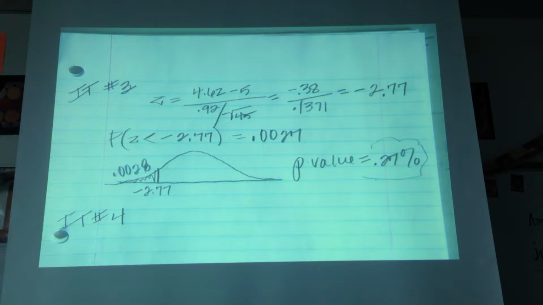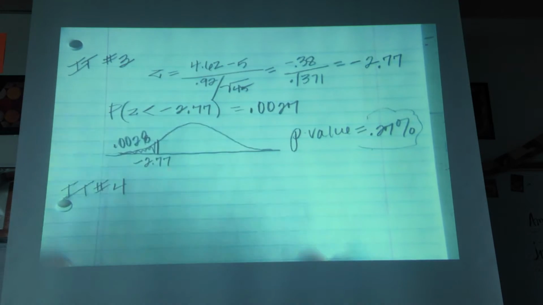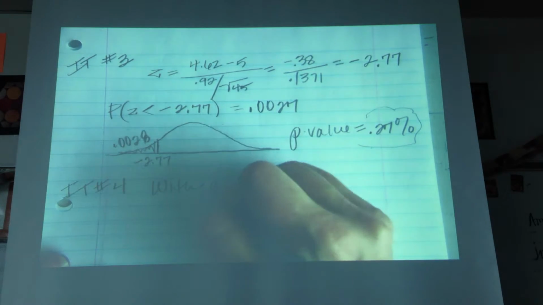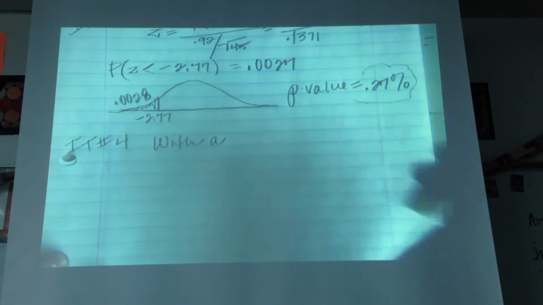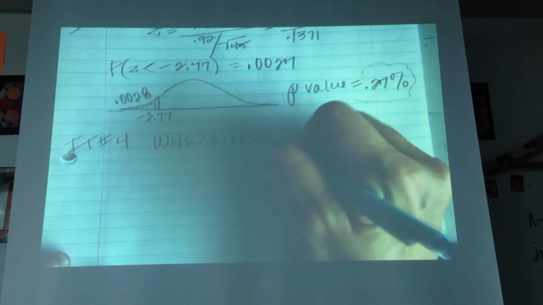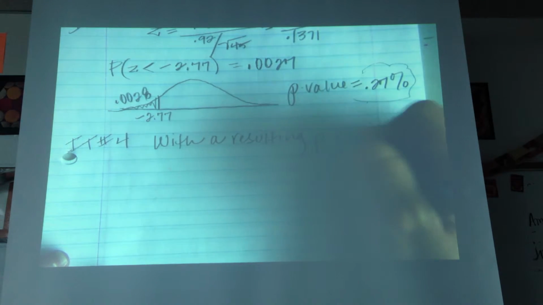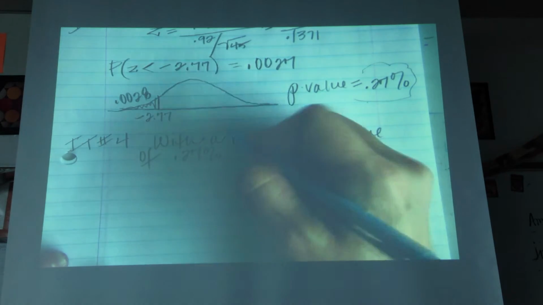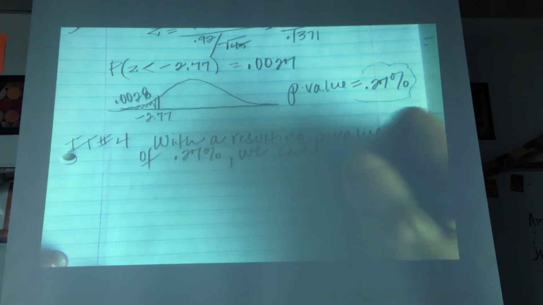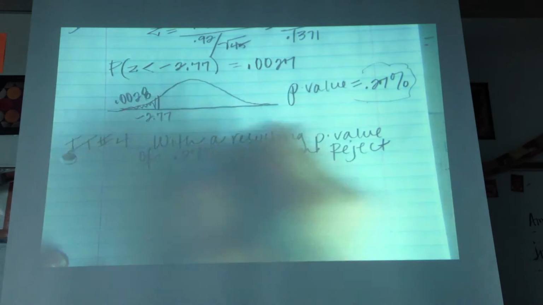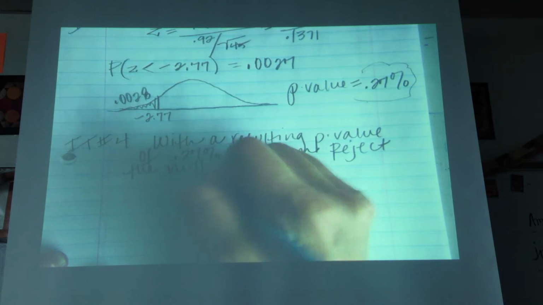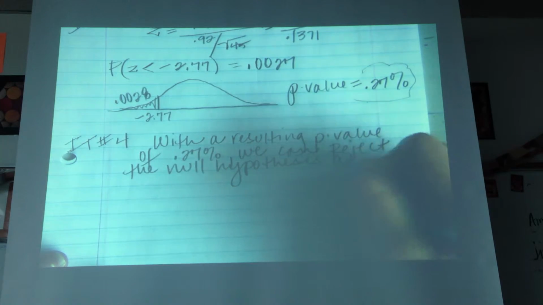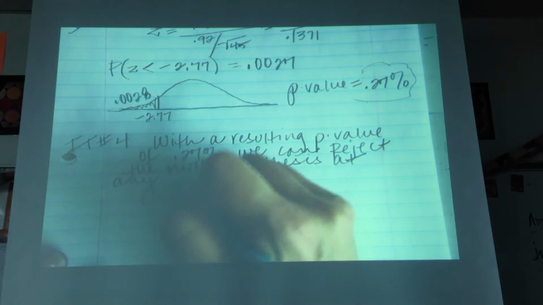Step 4 is a summary. With a resulting p-value of 0.27%, we can reject the null hypothesis at any level of significance.